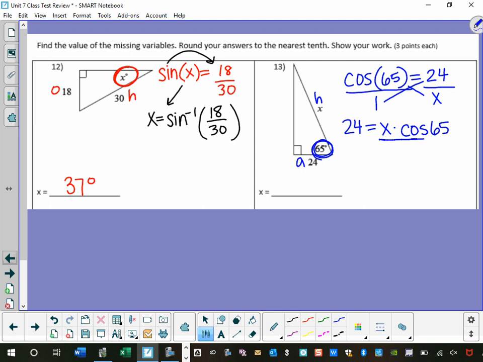We're going to divide by cosine 65 on both sides. That means this cancels out. And I'm left with x is equal to what? What is 24 divided by cosine of 65? Round to the nearest 10.